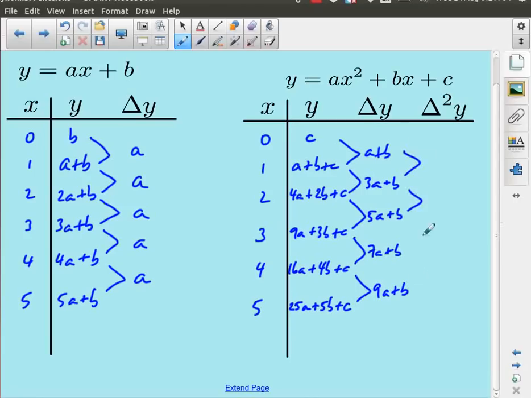And then, obviously, first differences are not the same. Take a look at second differences. We end up with 3a minus a is 2a, b minus b is 0. 5a minus 3a is 2a, b minus b is 0. 2a, 2a. Second differences are all constant, even though I've got this very generic form. This is a quadratic.